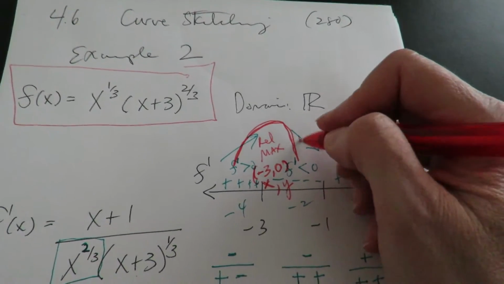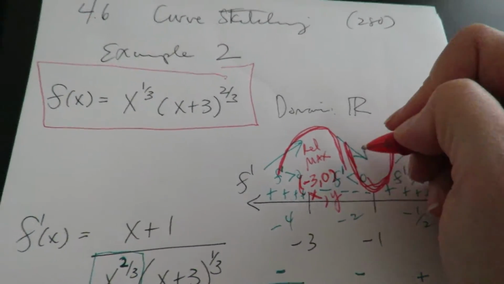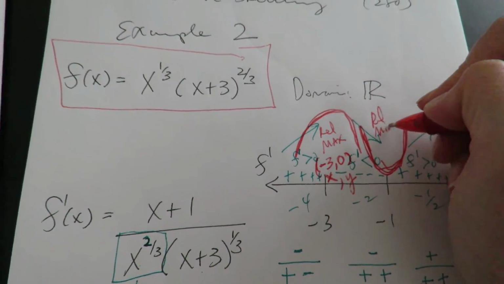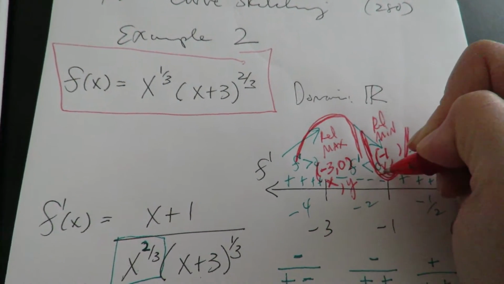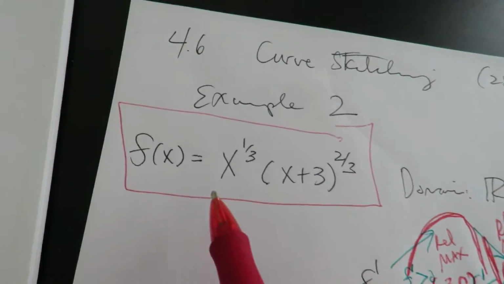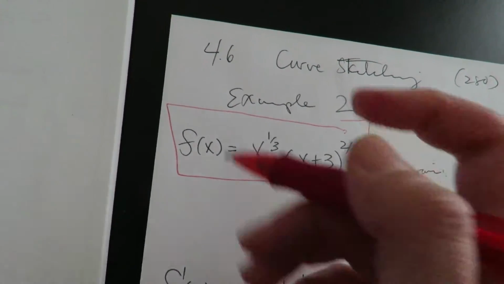Around this critical number, we go down and then we come up. So this is a relative min at -1. Again, that has to go into the original. This one's a little more sophisticated.